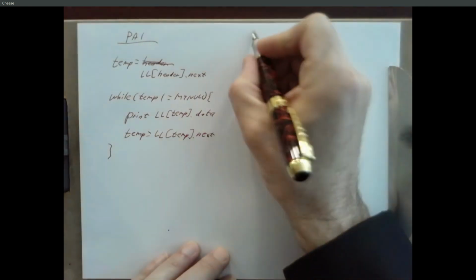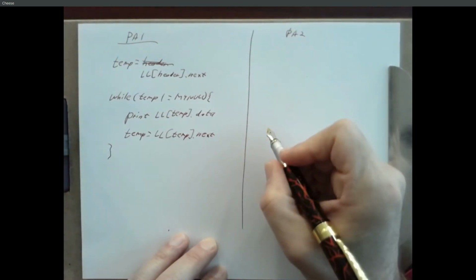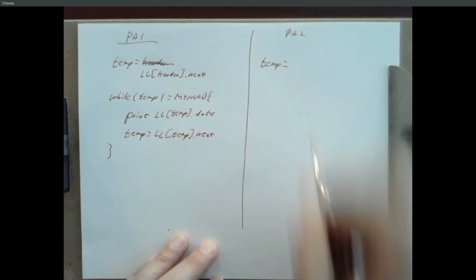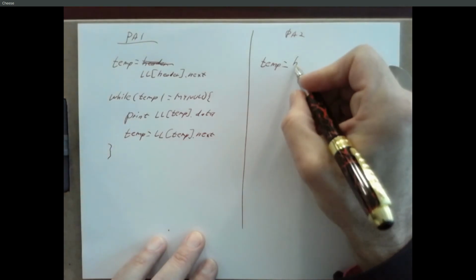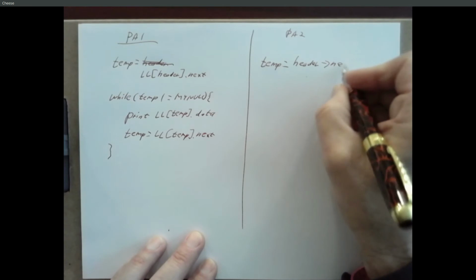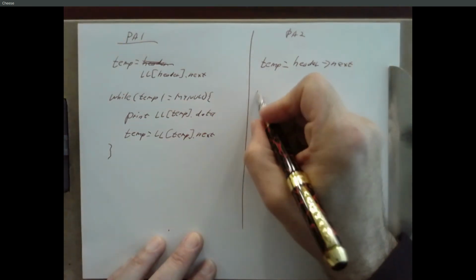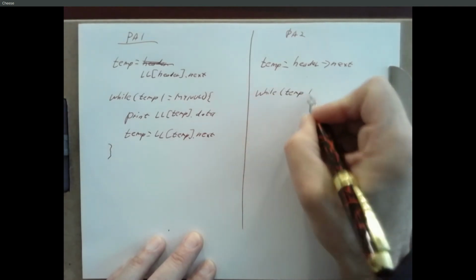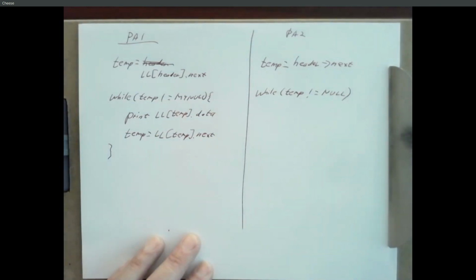Okay, what would this look like in PA2? Assuming that header is pointing to your Sentinel node, this is temp equals header arrow next. And then while temp is not equal to, and we're not using my null anymore, we're using the actual system null.